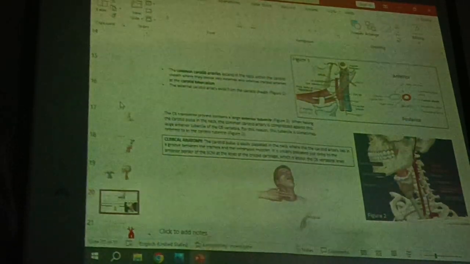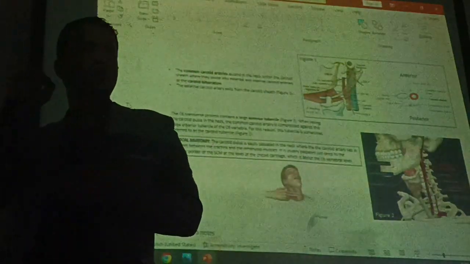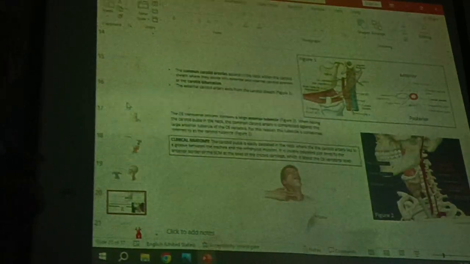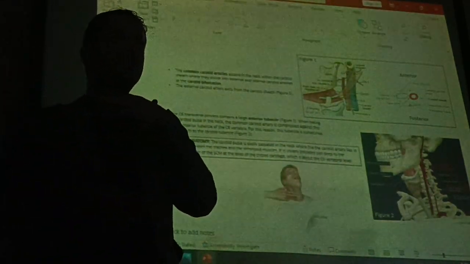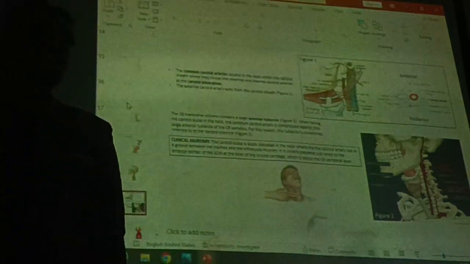This area is located at the level of the intervertebral disc between C3 and C4.